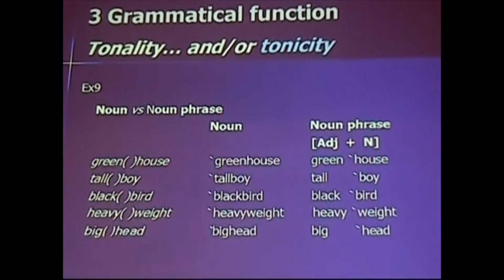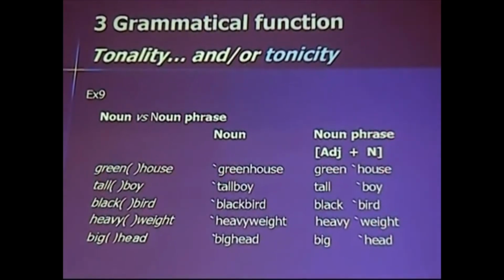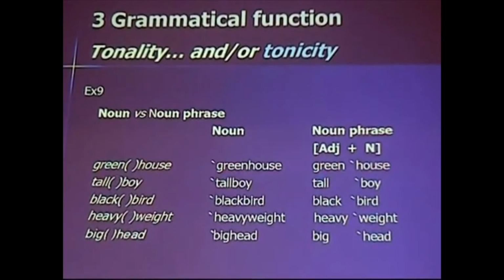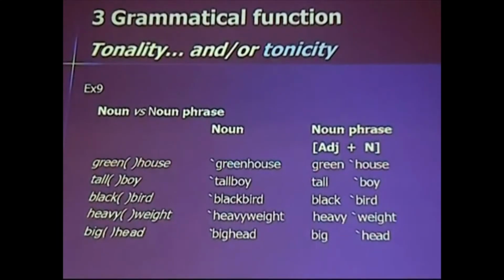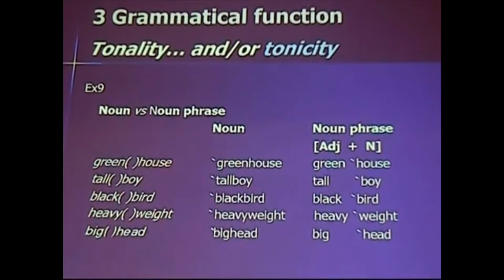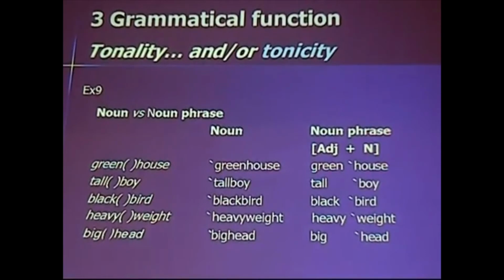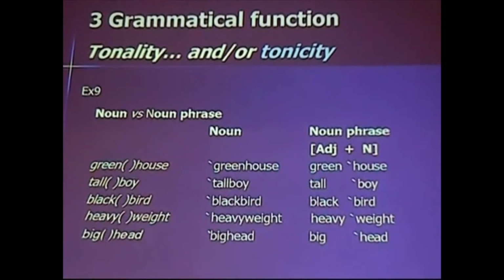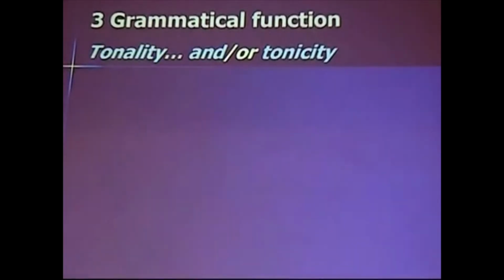But a big head is somebody who just needs a slightly larger hat size. I have a tiny head, in case anybody's interested. Need a very small hat size. Okay, so that's noun versus noun phrase. That's a sort of syntactic function. And this is a taste of more glorious syntactic functions to come.